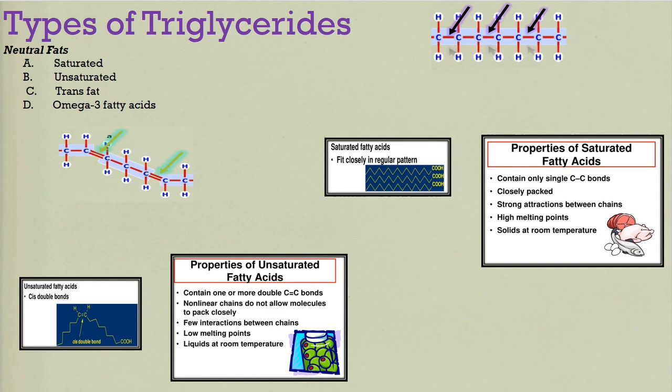They are closely packed, and there are strong attractions between chains. Common examples are animal fats and butter. At room temperature, it is solid, and it requires a high melting point to melt the butter. And that is saturated fatty acid.